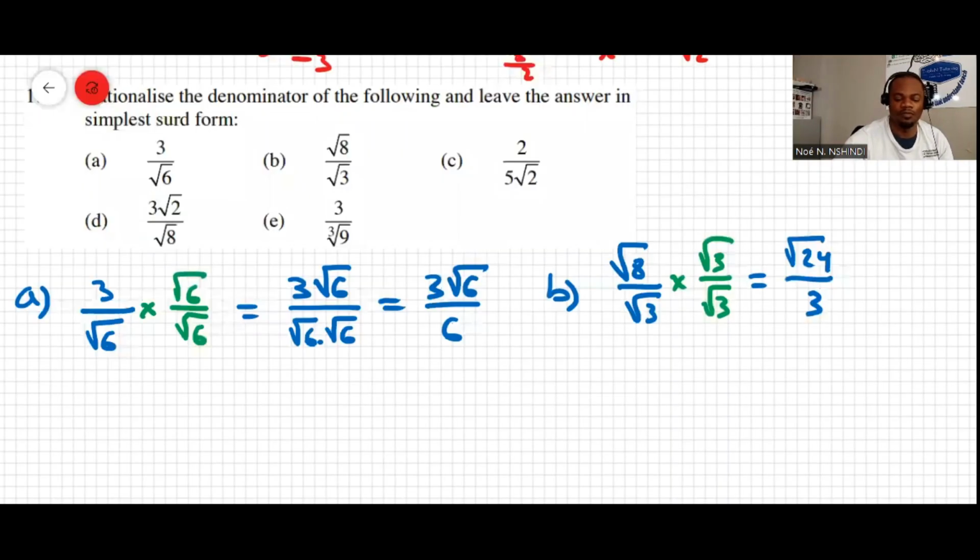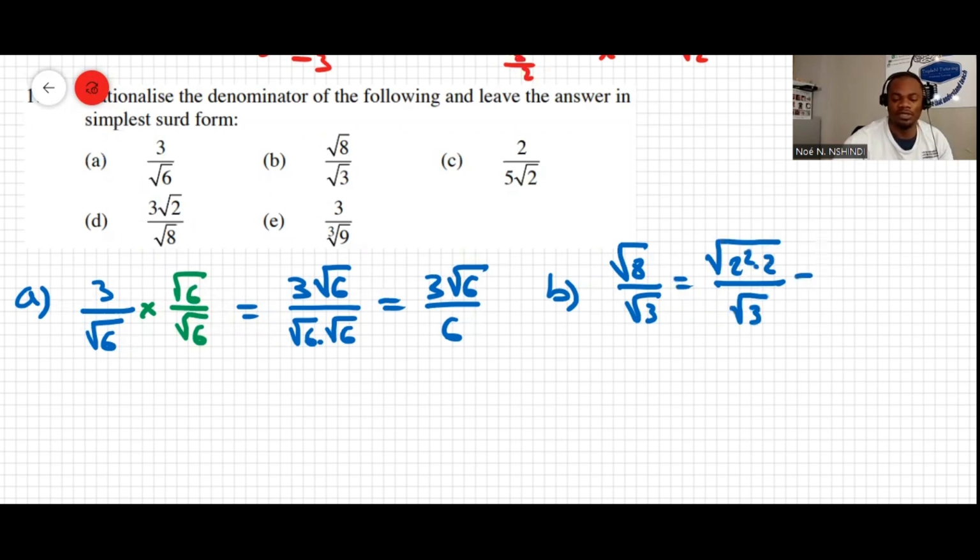Or before I do that, let's first simplify root 8. Root 8 is like root of 2 squared times 2, over root 3.